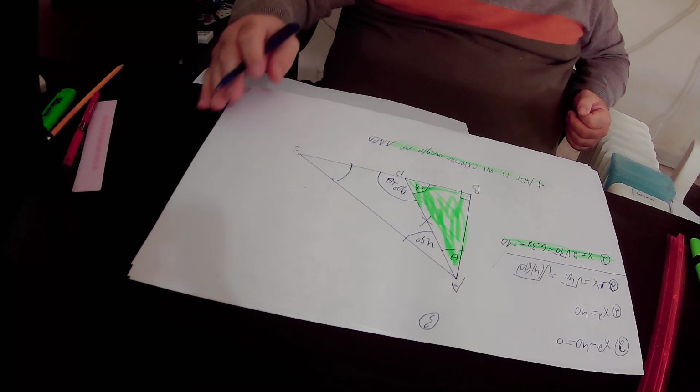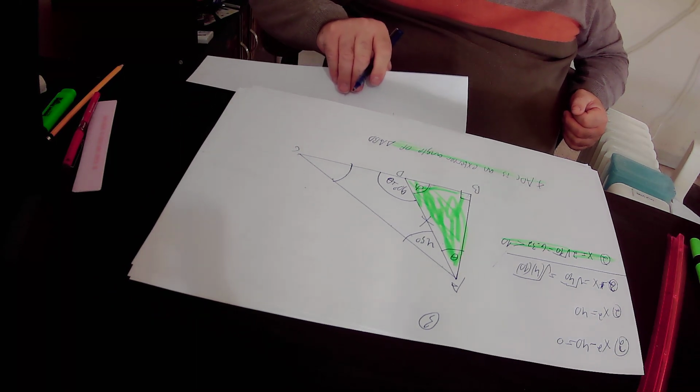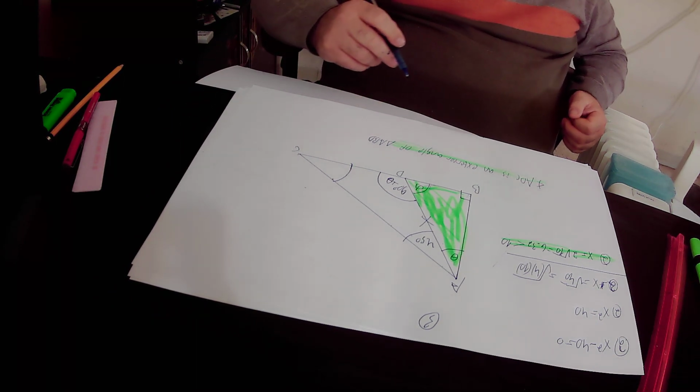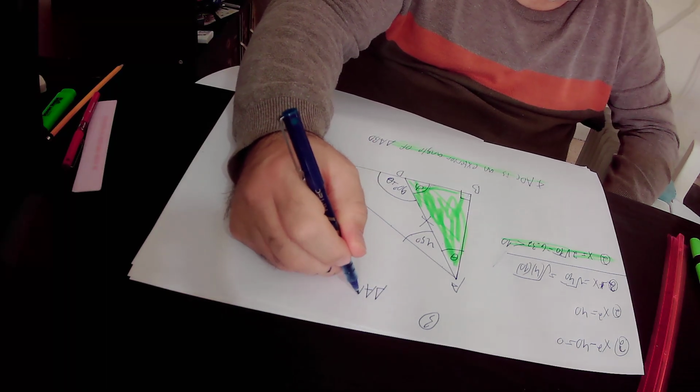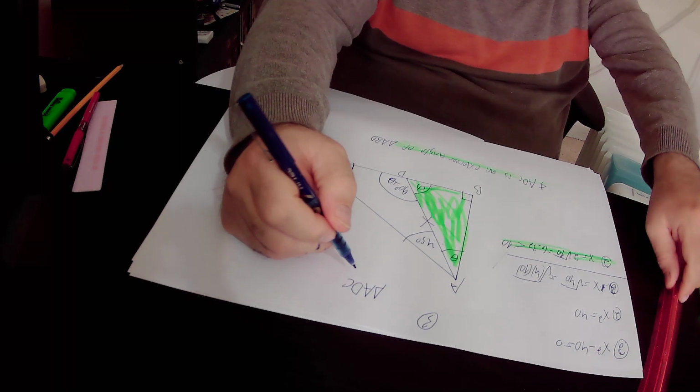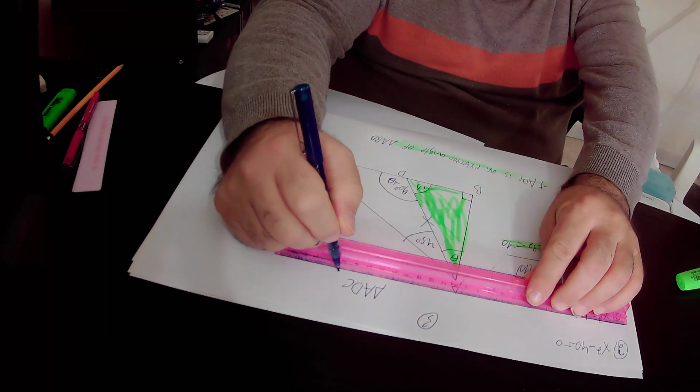We know that the sum of the angles in triangle ADC must be equal to 180 degrees. Which angles do we have in triangle ADC?